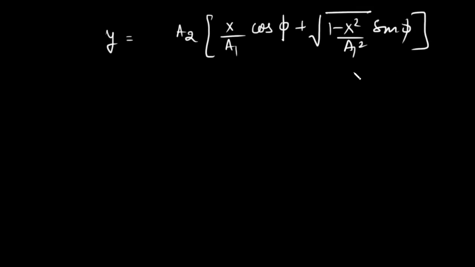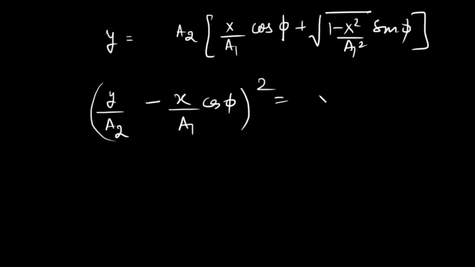Alright, so now what should we do here? What we can do is we can take A2 over here, so we have y upon A2. We can take this expression on the left hand side, we have x upon A1 cos of phi, and we can square it up. So we have 1 minus x square by A1 square, and this would be sine square phi.